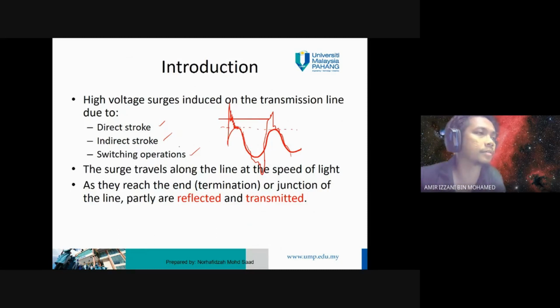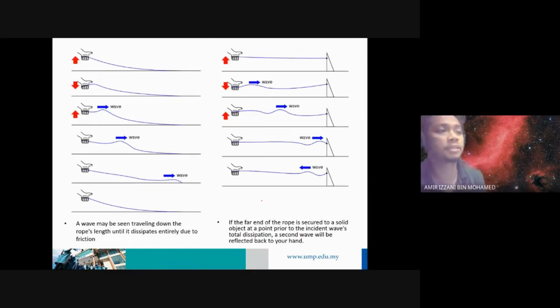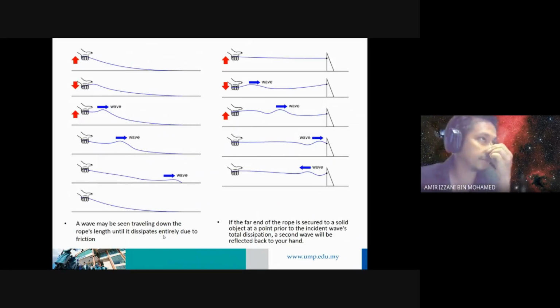Actually it's not exactly the speed of light. It depends on the material of the transmission line. As the surge reaches the end of the line or a junction, it will be partly reflected or transmitted. You can imagine we hold a rope.